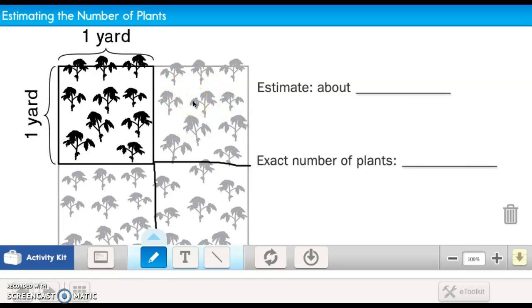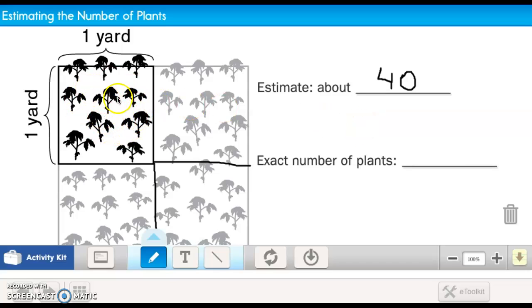It might not be exactly, but sort of. So 10, 10, 10, 10. So our estimation would be what? 10 times 4, or 10 plus 10 plus 10 plus 10 would be 40. That's what we estimate. Now let's count them and see if we were close.